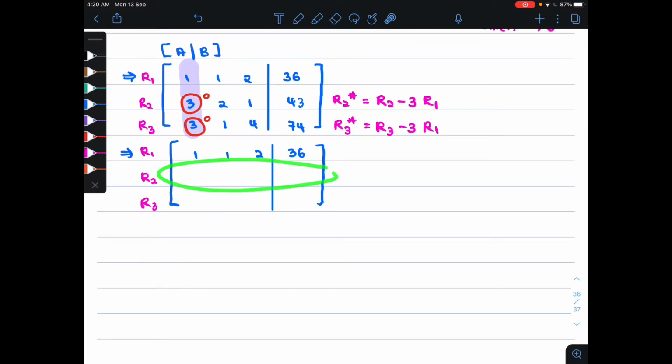For the new R2, let's use R2 minus 3 R1. So, only look at R2 and R1 only. And let's use calculator.